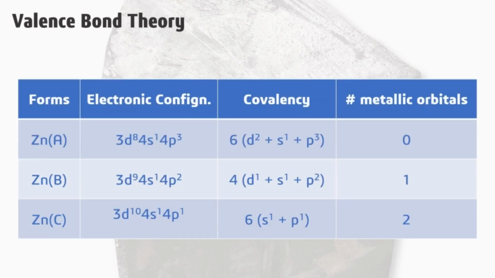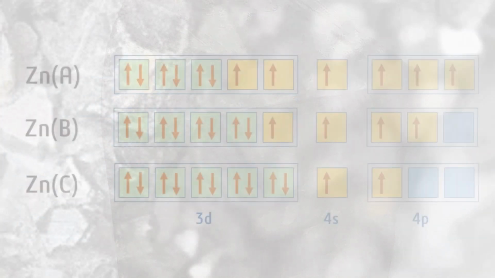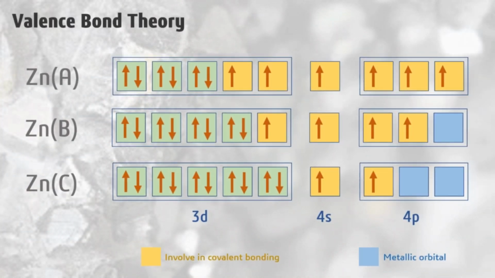There are three forms of zinc: zinc A, zinc B, and zinc C. Only state A has no metallic orbital, so it is non-metallic. Though the three forms of zinc are not reported separately, it is believed that all the forms contribute to the zinc structure in different ratios depending upon the situation, like temperature, pressure, etc.